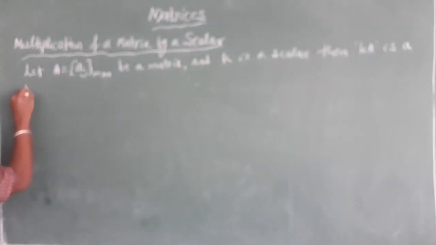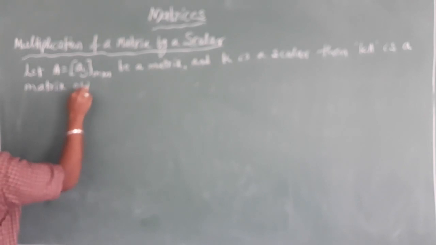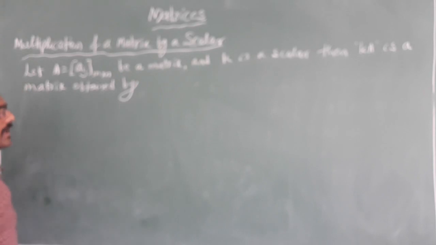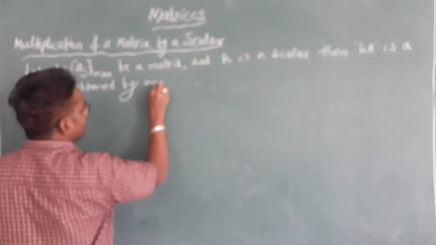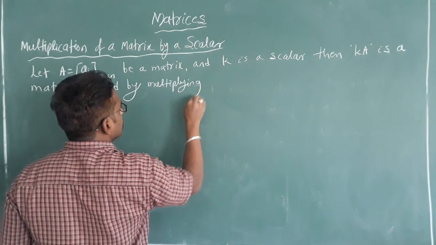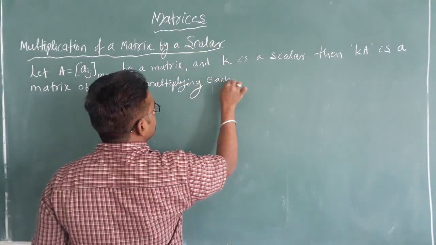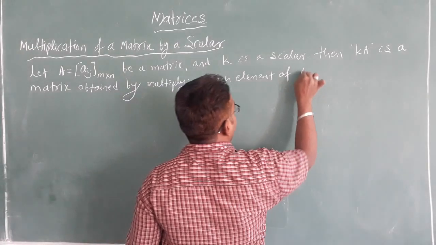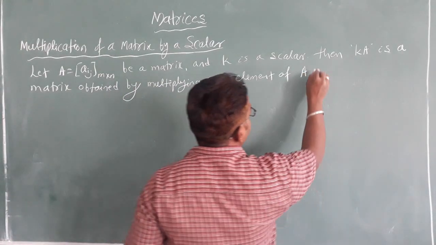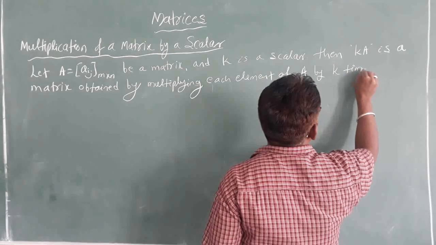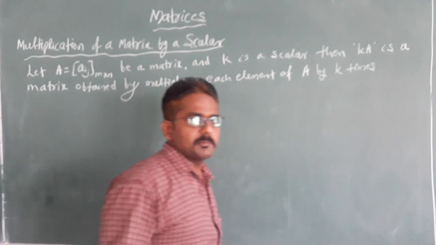Ka is a matrix obtained by multiplying each element of A by K times, or just by K.